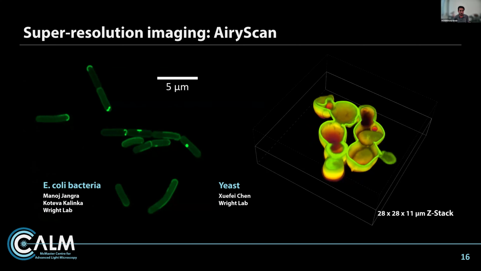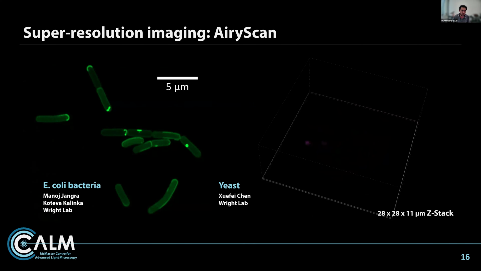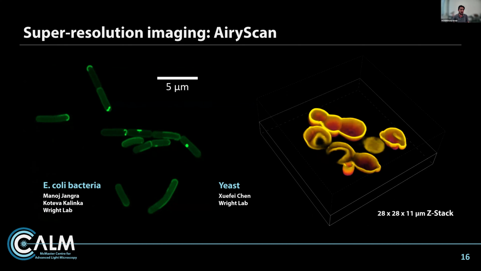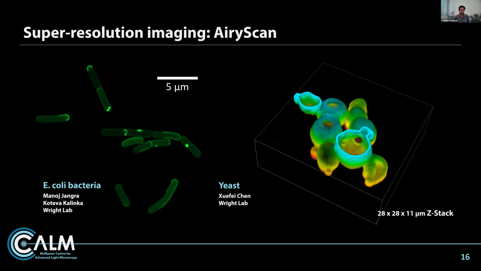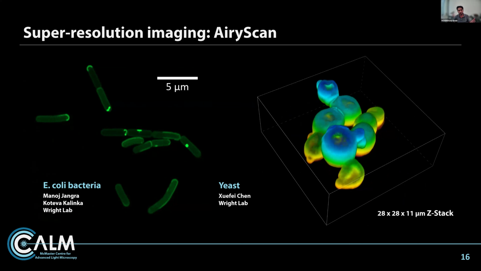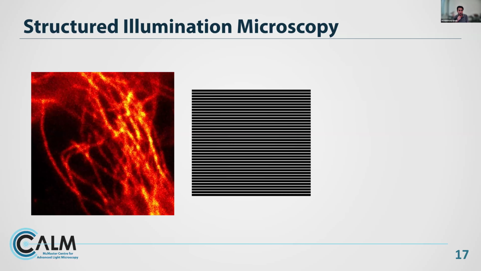And because it's based on a confocal microscope, these techniques are very easy to use, and you can acquire beautiful images, for example, of different microbes like bacteria or yeast, and look at how different proteins are localizing in the membrane side of the bacteria.